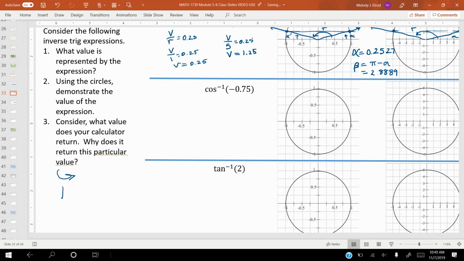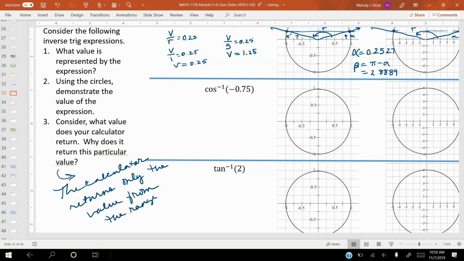So the calculator returns only the value from the range of the inverse function.